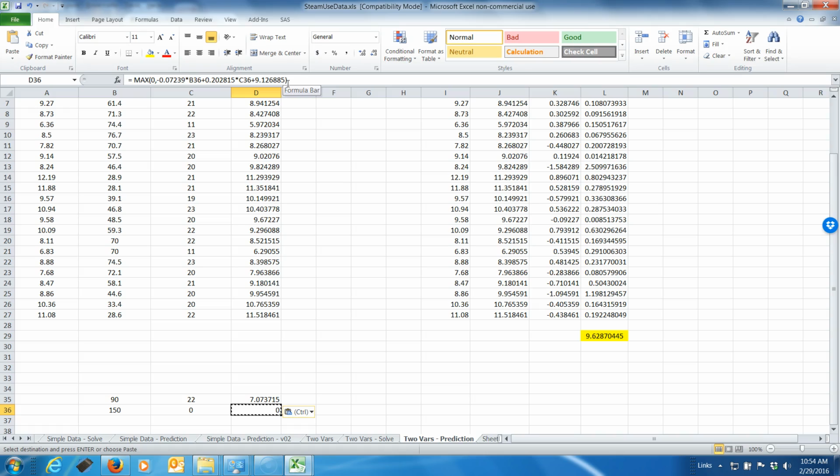You might even say that there's a minimum value. I mean, maybe your steam factory cannot use beyond 20 pounds of steam in a month. I don't know. But you're allowed to exercise common sense when you're building these models, or when you're actually using them. Again, the formula is not sacred. It is a tool to be used, and if the tool is giving you a strange result, you are allowed to adjust it.